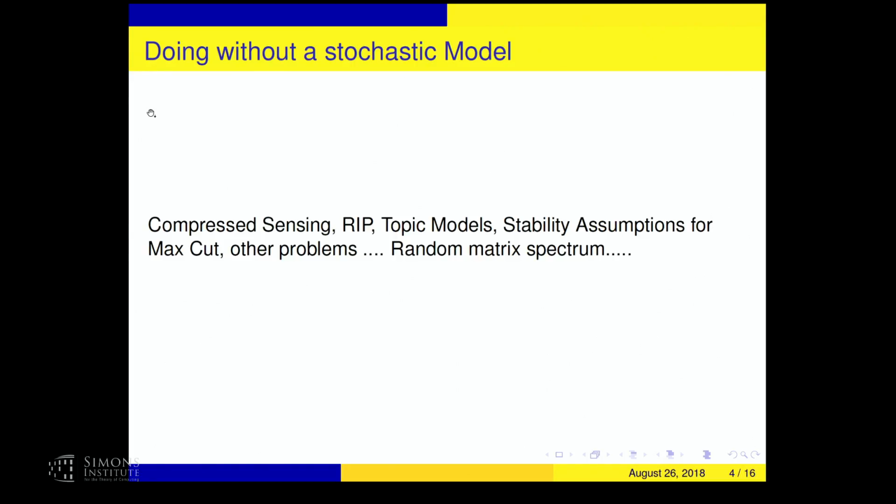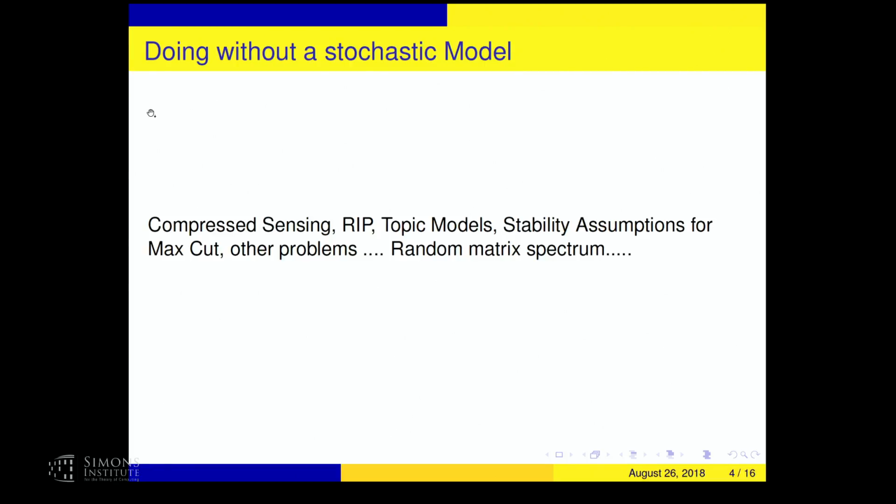Now, for max-cut and other optimization problems, people have developed what are called stability assumptions. These assumptions say that my problem is so unique that any perturbation still leaves the result unchanged. That's what stability means. The assumptions may be stronger than you may want to make in practice, but under those assumptions, people can get algorithms to do these problems.